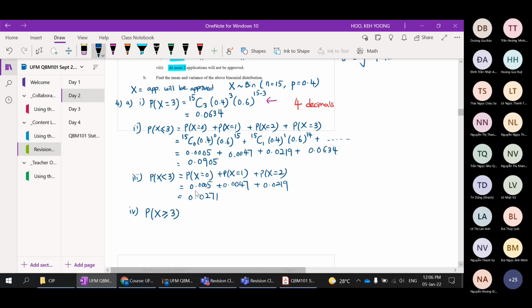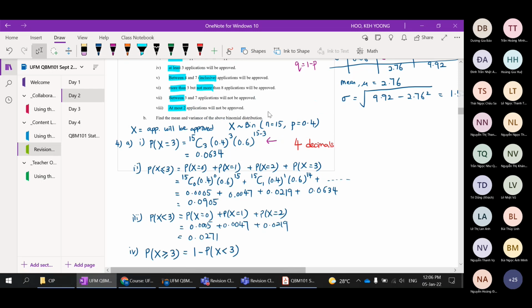Because there are too many probabilities to add up, we don't add up from 3 to 15. Instead, we take the total probability and minus off the probability less than 3. The possible values for x could be any values from 0, 1, 2, 3, 4, 5 until 15.